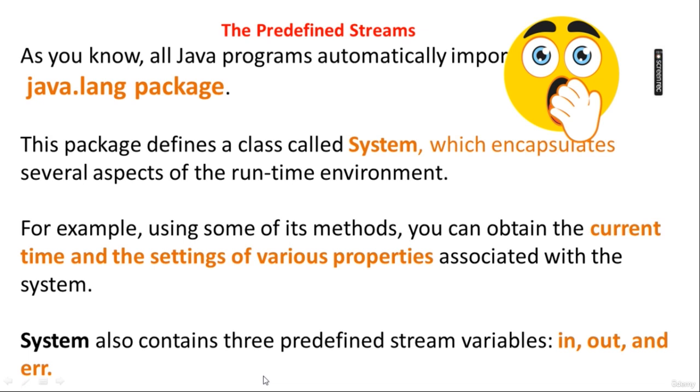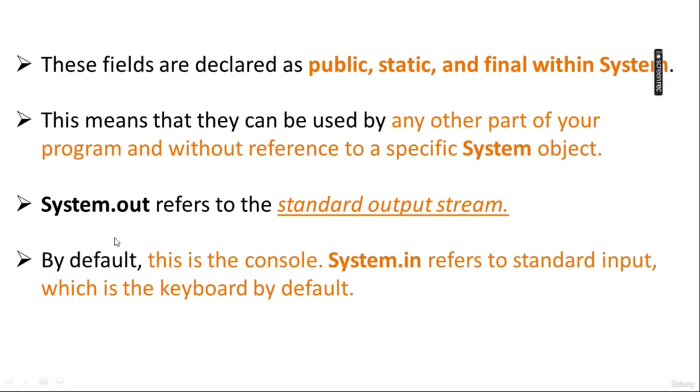And it has 3 predefined stream variables: System.in, System.out, and System.err. These fields are declared as public, static, and final. Why are they public? Because System.in and System.out can be used in any program in which we are importing the java.lang package. For that purpose, it is public.